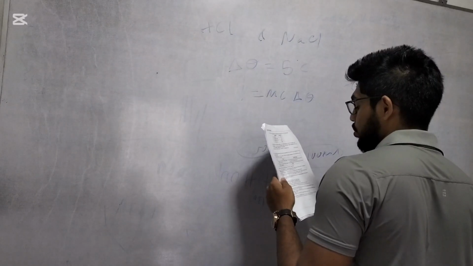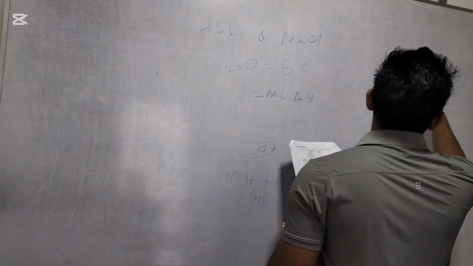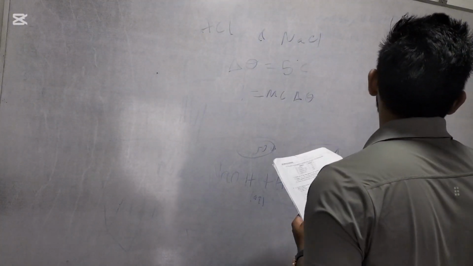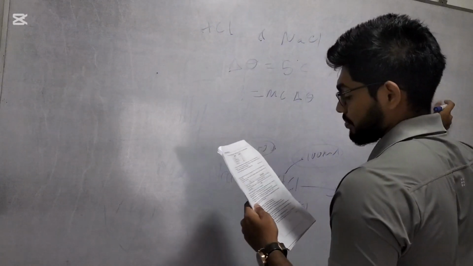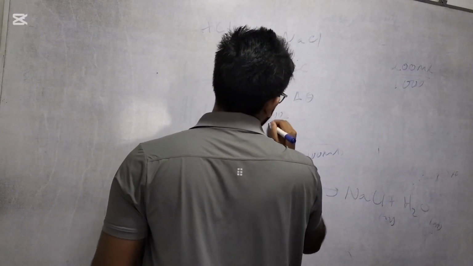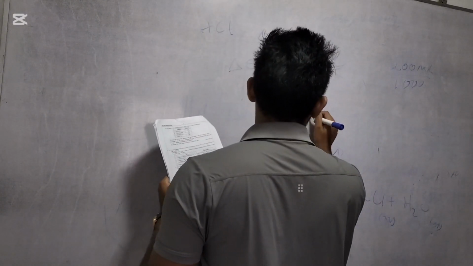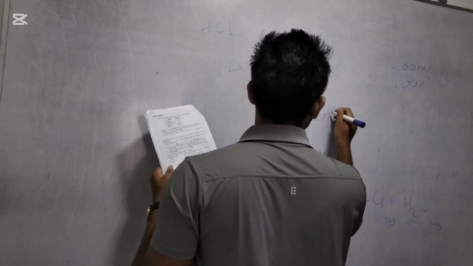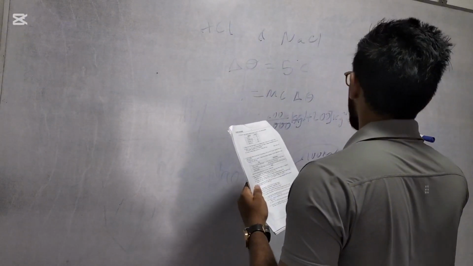Now we have to convert into kilograms, so we divide by 1000. Then 200 divided by 1000 kilograms, times C, which is 4200 joule per kilogram per degree Celsius, times the change in temperature, 5 degrees Celsius.